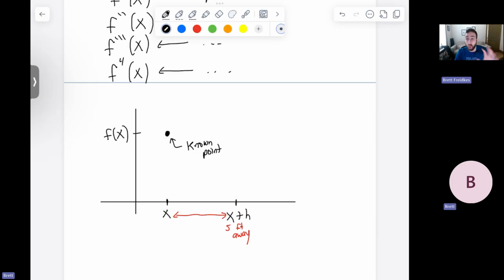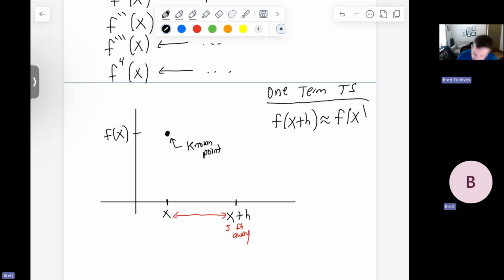And let's say we have a one-term Taylor series. That says that f of x plus h will be approximately equal to f of x.